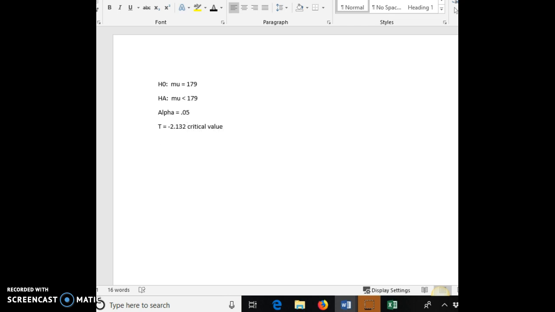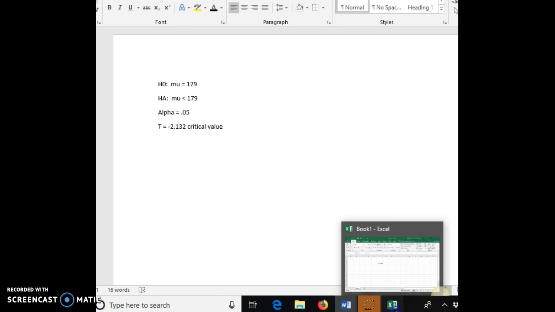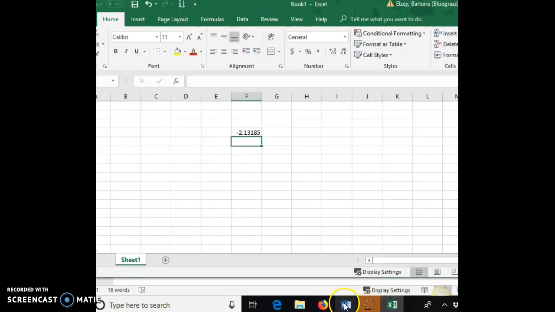All right, now before we can actually do our test statistic, we need to find the mean and the standard deviation, because all we were given was the data. So let's recall how to do that in Excel, because it's been a while since we've had to do it.